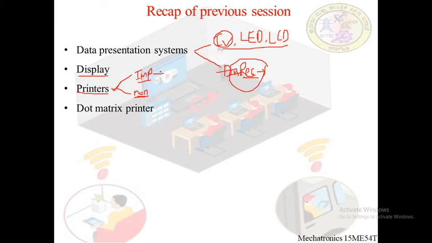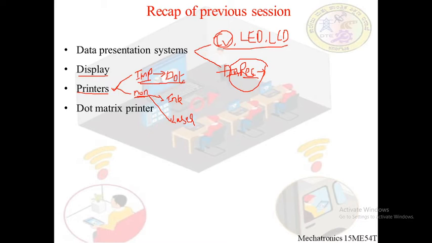For impact printer, as an example, we saw a dot matrix printer, and for the non-impact printer we have two types. One is the inkjet printer and another one is the laser printer.